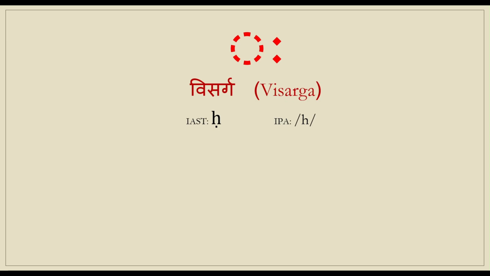Visarga has so many different natures and characteristics that it needs an entire video devoted to itself. And understanding Visarga is quite impossible without knowing the consonants. So first we must learn about the Sanskrit consonants, and then only we will be able to know about the true and correct pronunciation of Visarga.